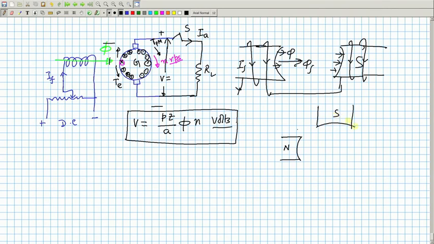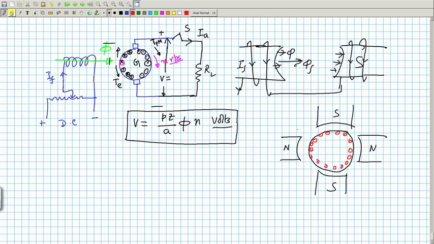Suppose 4-pole, north south, north south, field windings I am not showing. Here are armature and these are the conductors on the slots, periphery of the armature, like this. Suppose a 4-pole machine.